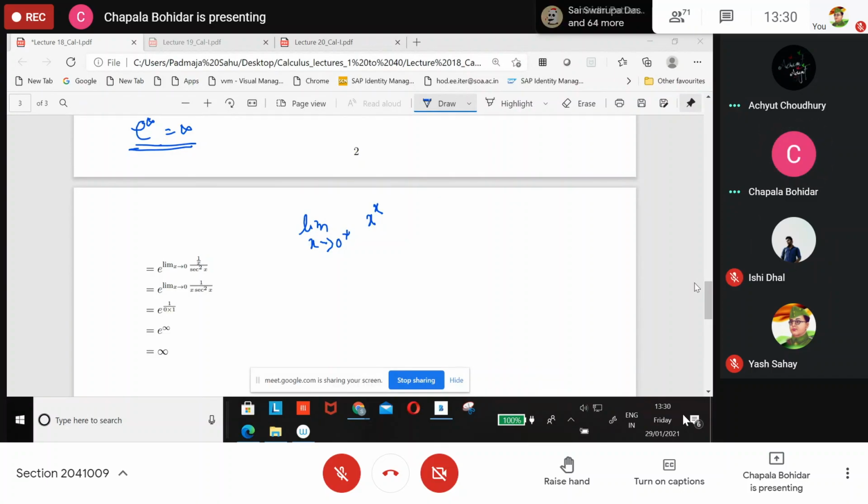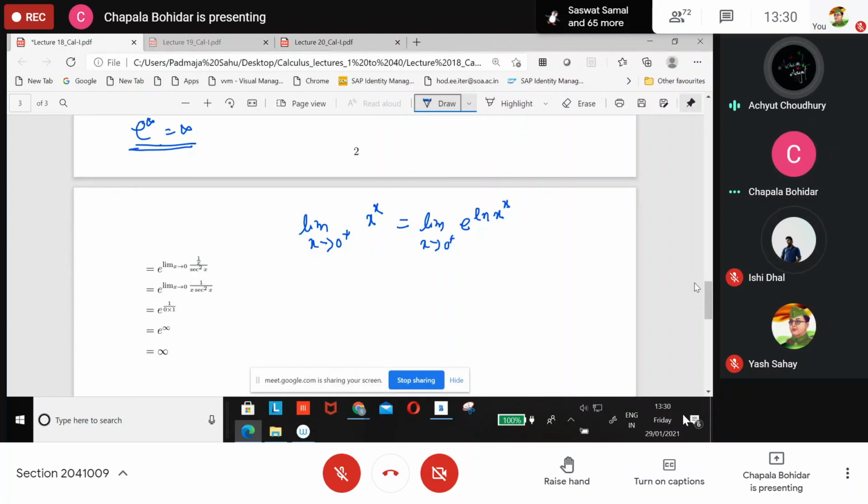No, ma'am, what did you write down? Limit x tends to 0 plus, E to the power ln x to the power x. You write down like this.